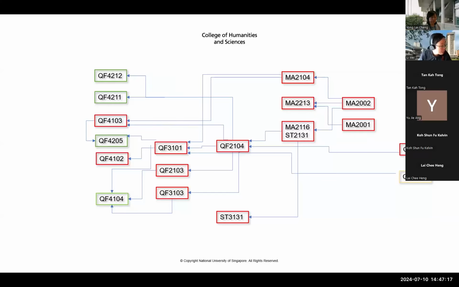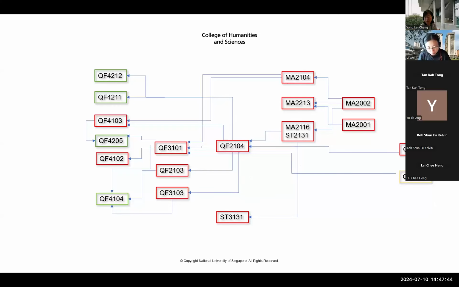Also, I do not have any background in computing, so will I face difficulty in any of the courses? If you look at this diagram, CS 1010 will get you ready for the programming courses for QF, so don't worry about it. Most QF courses are not related to programming.